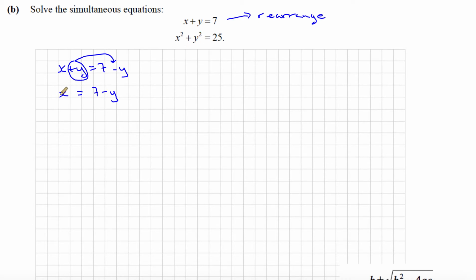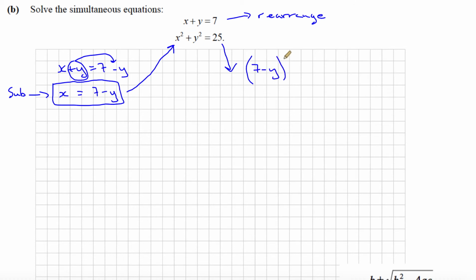So you sub this value in here instead of the x in the second equation. And that will give me, instead of x squared, I now have (7 minus y) squared plus the y squared that's there equals 25. So what has that done?